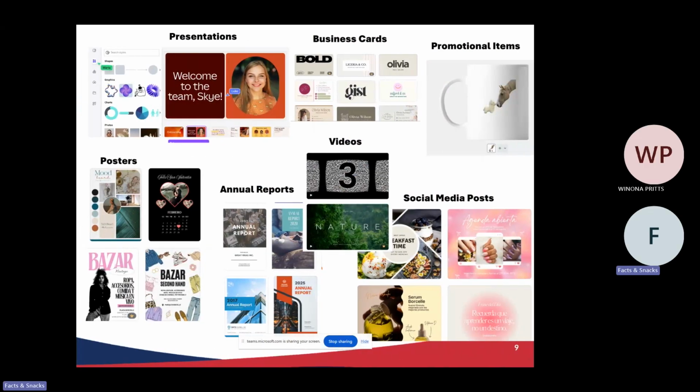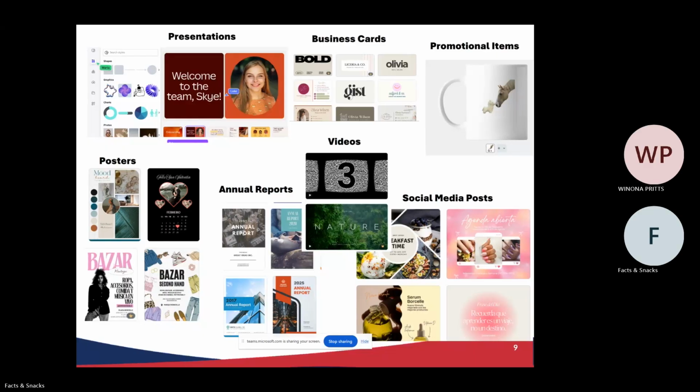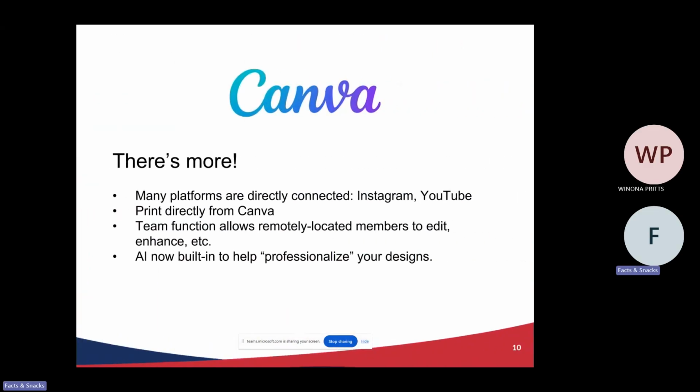So what can you do in Canva? Typically you can create presentations, promotional items, social media posts, annual reports, videos, just a multitude of things. They have many platforms that are directly connected now, so you can create a social media post and immediately upload it to Instagram or YouTube.